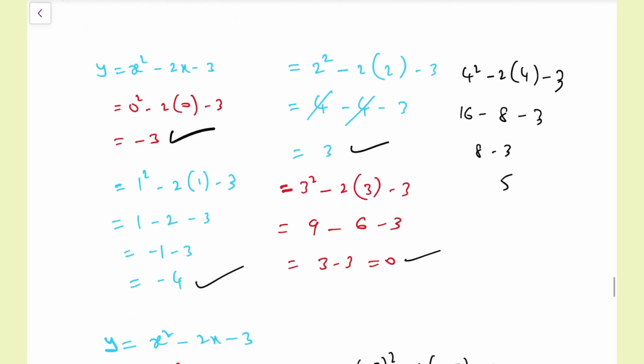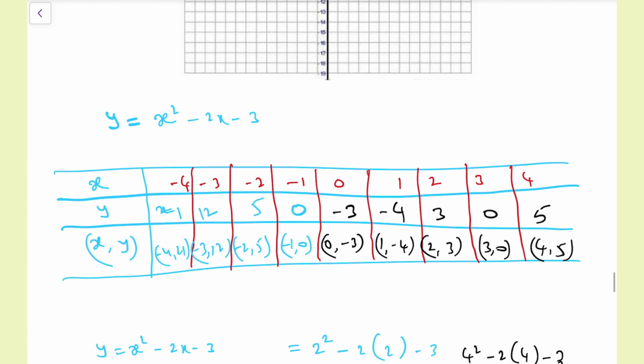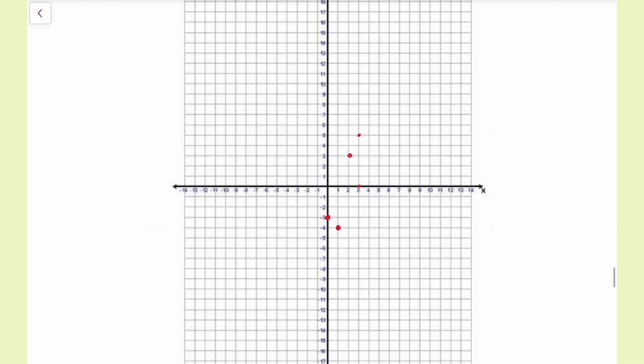Oh, sorry, here it is 2 comma minus 3, right? That's why I'm thinking the graph is not coming properly. This is 2 comma minus 3, so that earlier point won't be there, no worries.